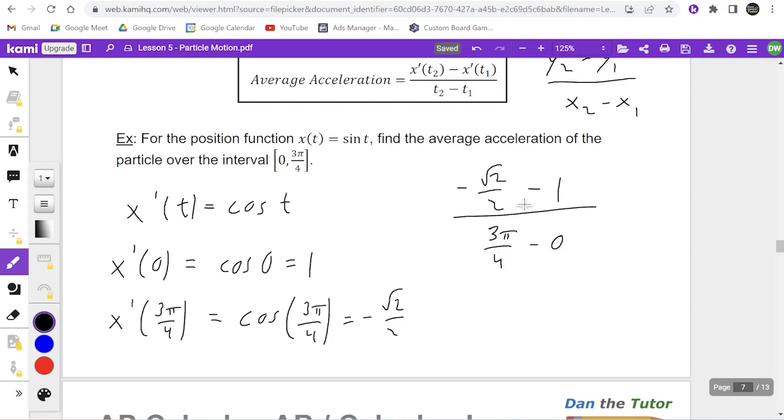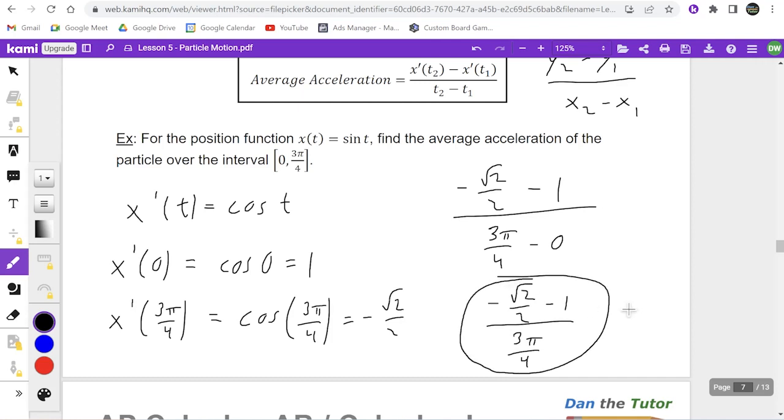Now, this one really cannot reduce as well as the last one. Like, you're going to get this, negative root 2 over 2 minus 1 over 3 pi over 4. And because of that minus 1 in the numerator, it's not going to easily take the reciprocal of the denominator and multiply. Like, that will technically work, but it's just so confusing. I'm fine with you keeping this as the final answer.